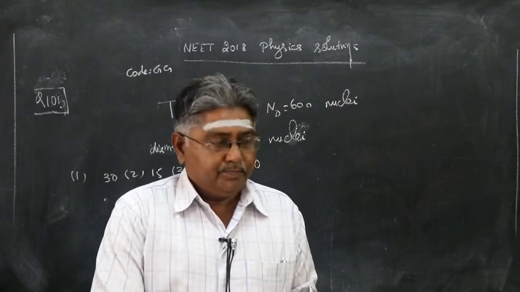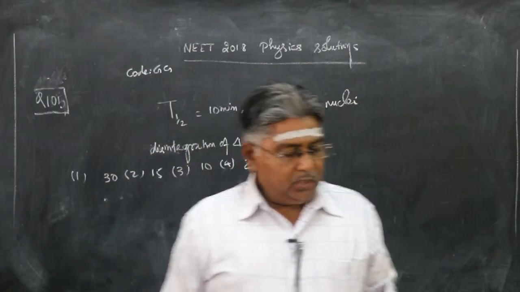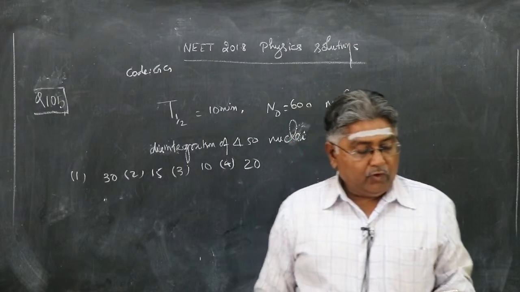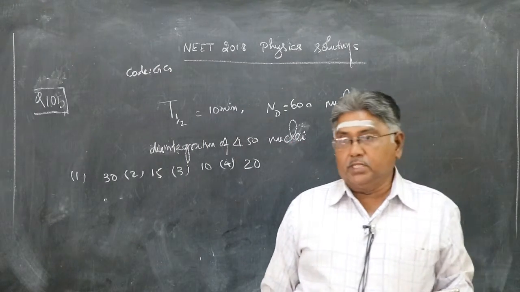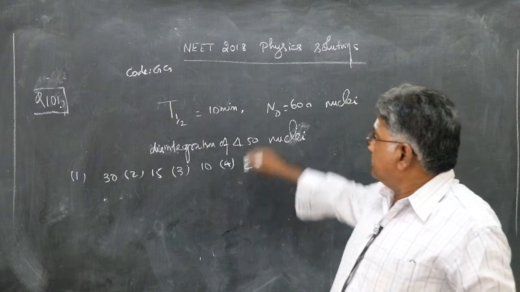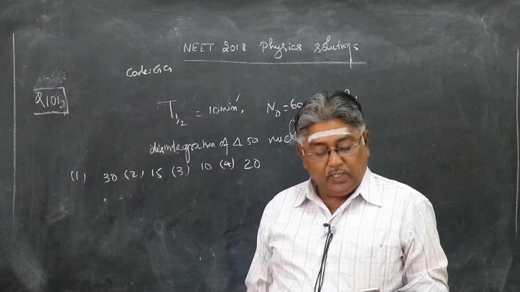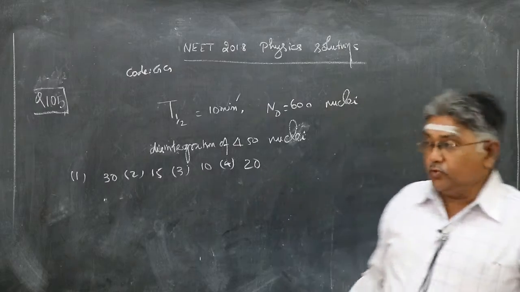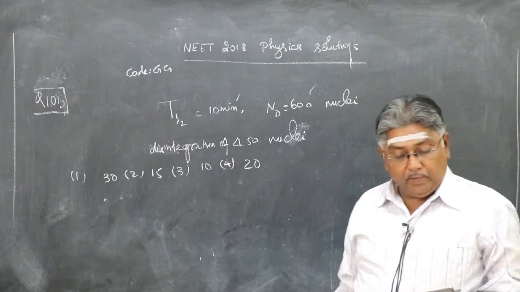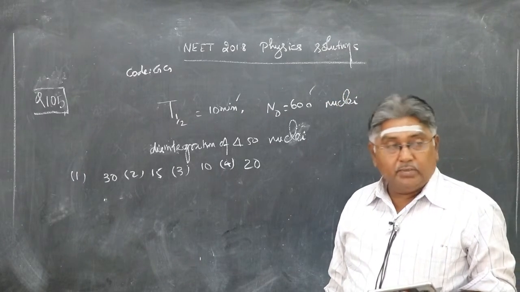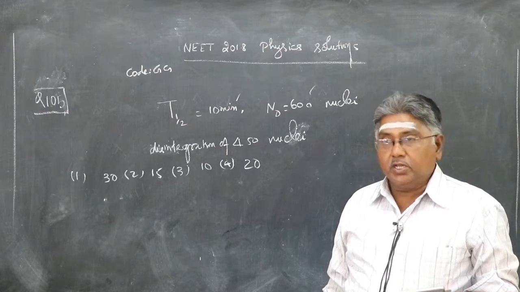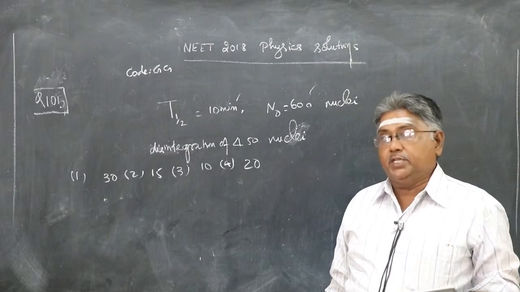Next question, question number 105. For a radioactive material, half-life is 10 minutes. If initially there are 600 nuclei, the time taken in minutes for the disintegration of 450 nuclei is.